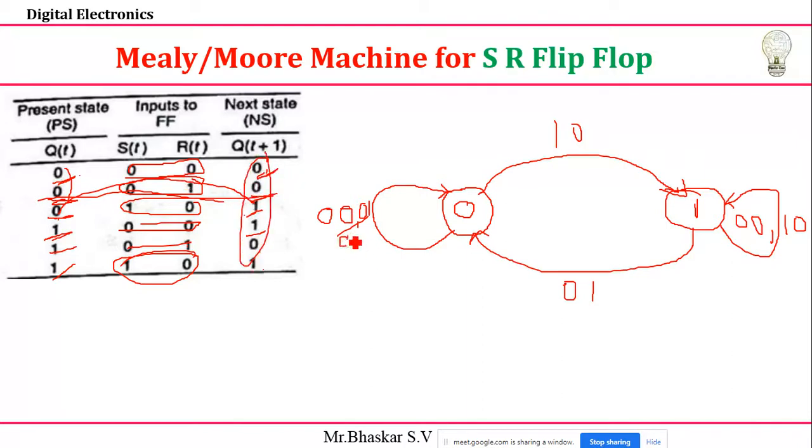Here I'll get 0. For the 0 1 condition, the output is 0, and for 1 0, the output is 1. You can see it's an easy method. It is moving from here to here. What is the output? It is 1.